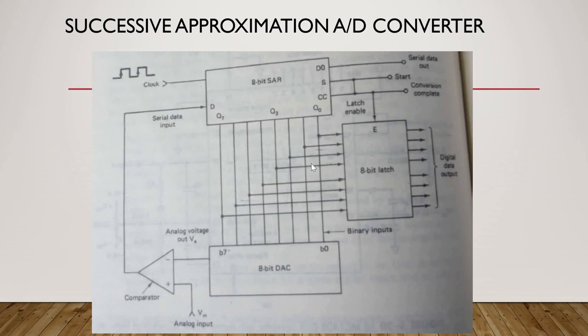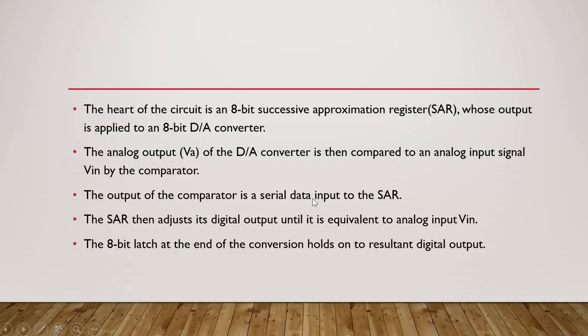Next is the explanation I had given here. The heart of the circuit is an 8-bit successive approximation register whose output is applied to an 8-bit DAC, and the analog output VA generated by the D to A converter is then compared with the analog input signal Vin by the comparator.